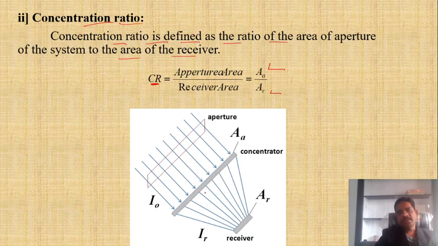Aperture area upon receiver area is nothing but the concentration ratio. Aperture is this much portion from the sun. If you consider here, ओके यहाँ पे सोलर रेडिएशन ट्रांसफर हो रहा है और इतना पोर्शन उसको क्या कर रहा है बच्चों, रिसीव कर रहा है. इन दोनों का रेशो ही मतलब हो जाएगा कॉन्सेंट्रेशन रेशो.